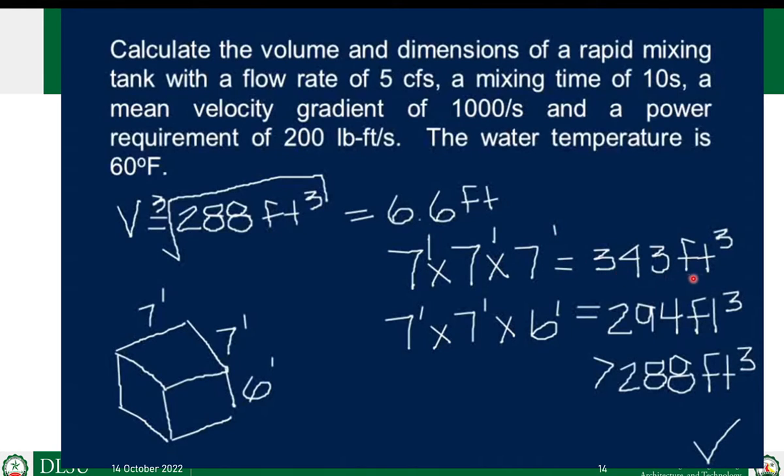That is 343 cubic feet, which is larger than 288. So we'll adjust again. By using 7 feet times 7 feet times 6 feet, we arrive at a maximum of 294 cubic feet, which is higher than 288 cubic feet. So by estimation, we can conclude that this is the dimension of the rectangular tank.